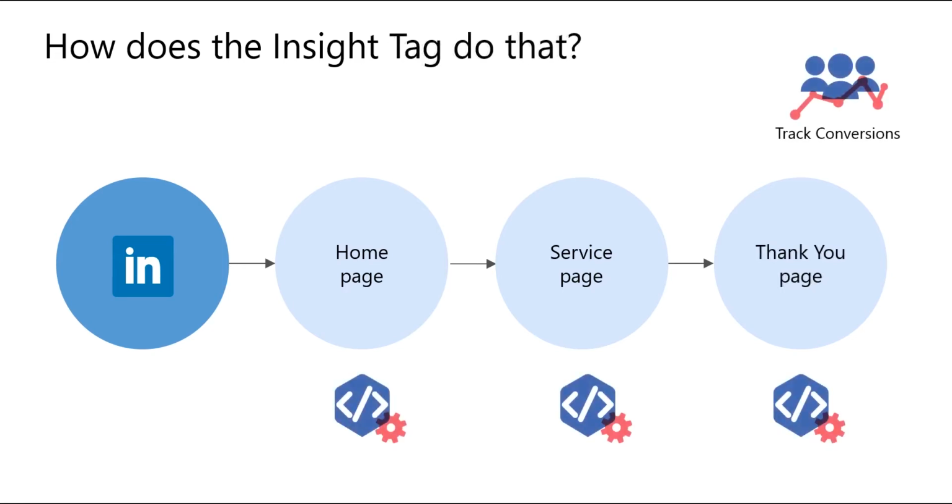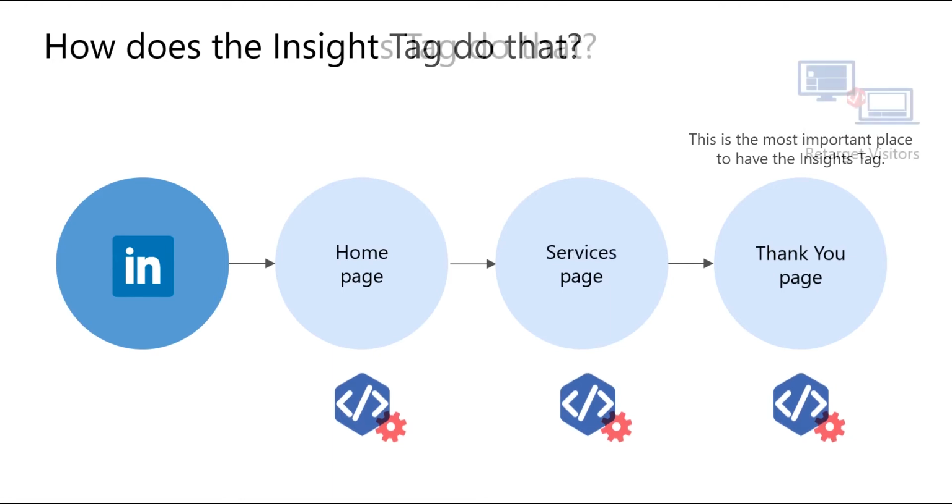We put the LinkedIn Insight tag on all these 3 pages. When someone clicks on an ad in LinkedIn and then goes to the service page, and let's say the service page has a contact us form, and they fill out that form and go to the thank you page, we will be able to track the conversions from LinkedIn.